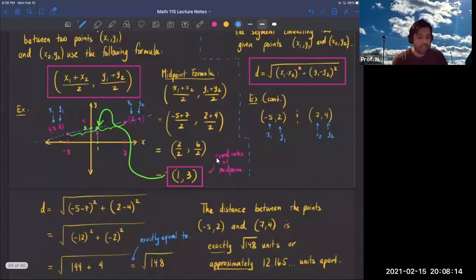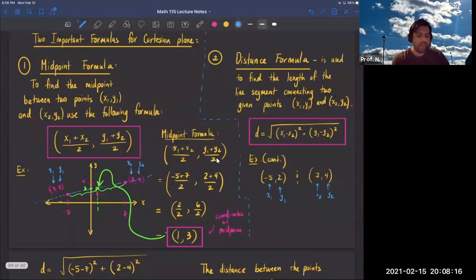What's interesting is really to understand why the formulas are what they are. We're not going to go into detail as to why, but I would give you the opportunity to think about why the midpoint formula is what it is: the average of the x's and the average of the y's. To understand that, you would have to understand a bit more about geometry.